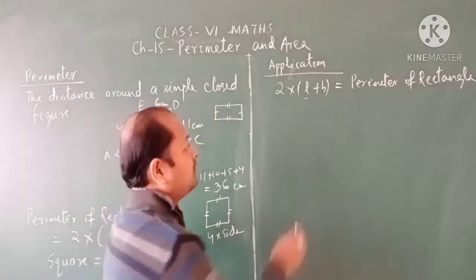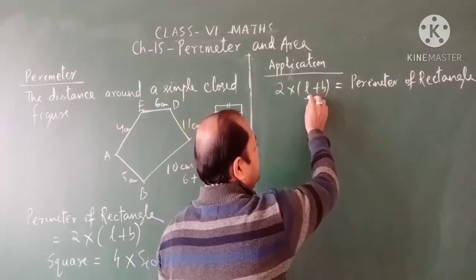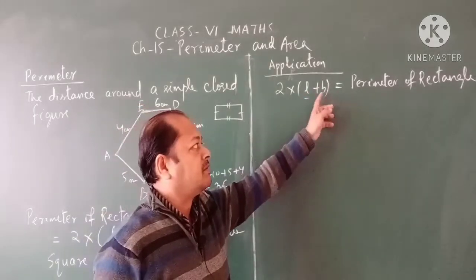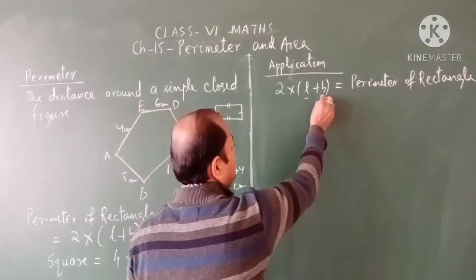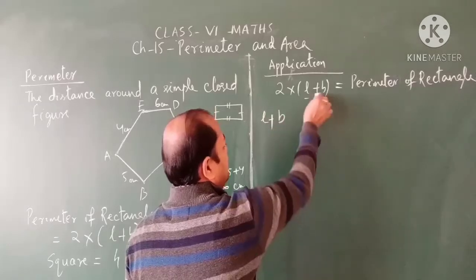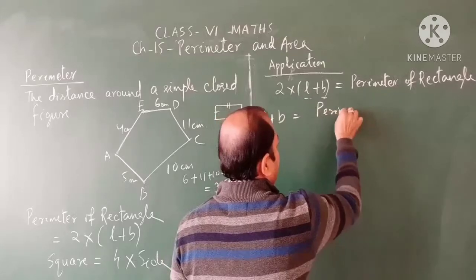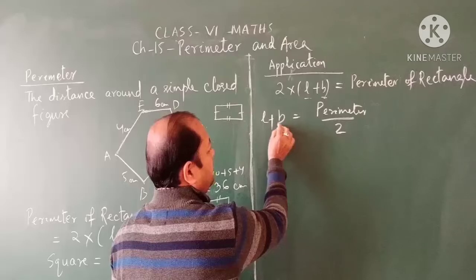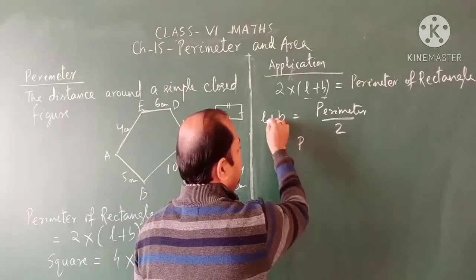How to find it? Suppose we have to find the breadth. First we separate this L plus B: the 2 will be transposed. So L plus B equals perimeter divided by 2. Then if we have to find B, B equals perimeter divided by 2, minus the length.